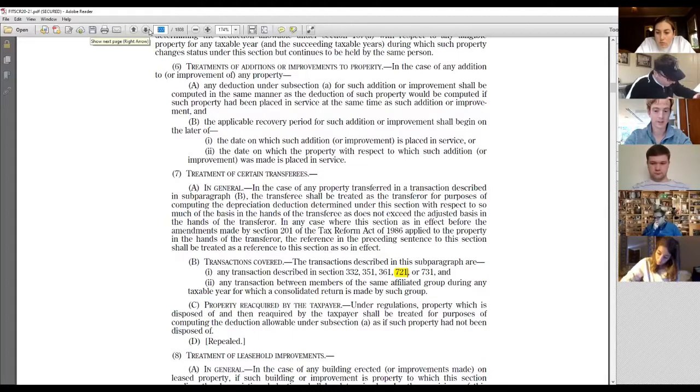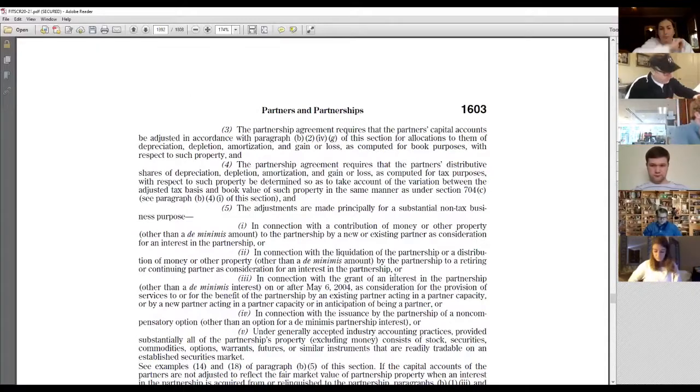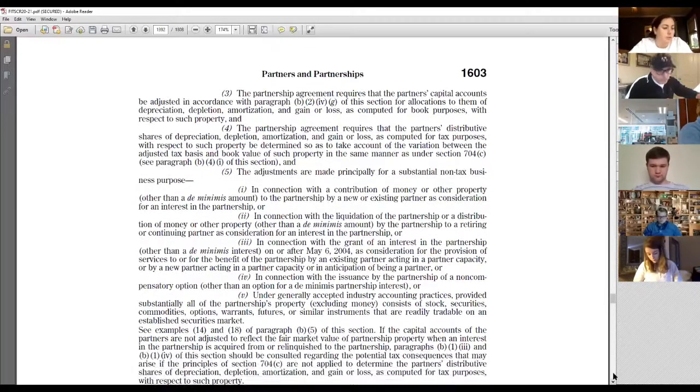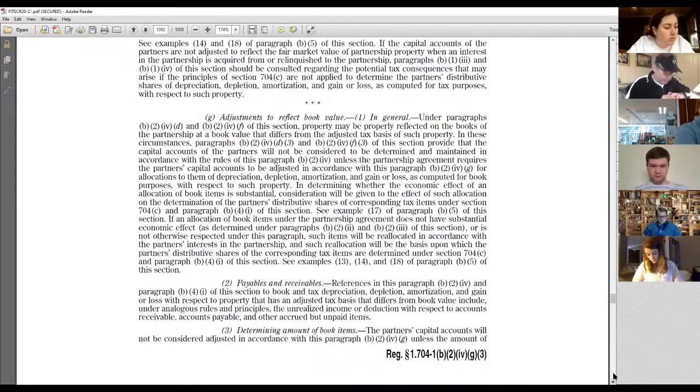We're going to go to 1.704-1(b)(2)(iv)(g)(3). The heading is adjustments to reflect book value. But the rule here is, we're looking at determination of book items.